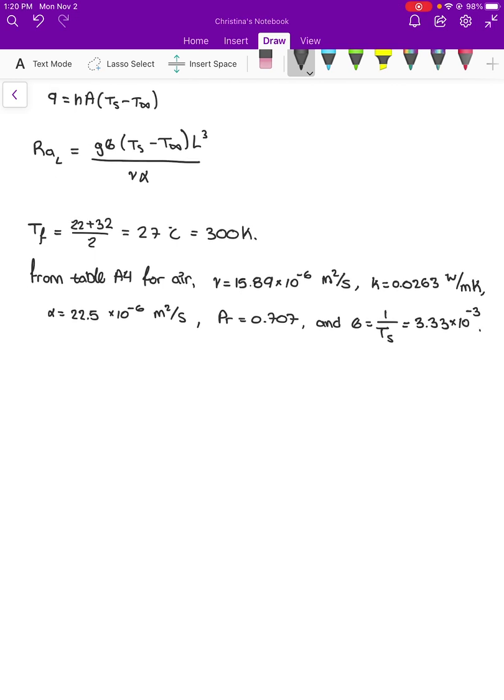After finding all of these properties from table 8.4 for air from the back of the book, you can then resolve the Rayleigh number, and you'll find that the Rayleigh number is equal to 1.142 times 10 to the 8th.